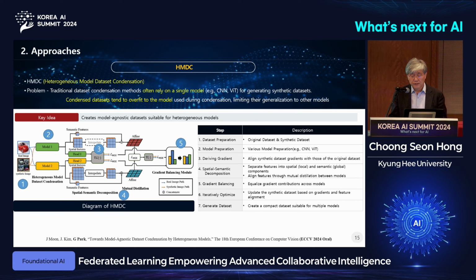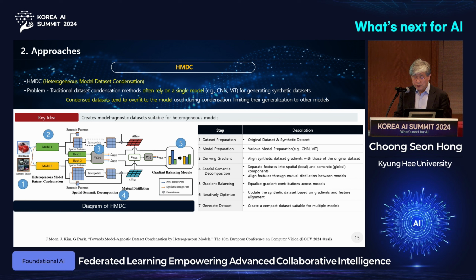HMDC solves this by using multiple models like CNN and ViT to ensure diversity. It aligns the gradient of the synthetic dataset with those of the original dataset, maintaining fidelity while avoiding bias toward any single model. Gradient balancing ensures that the gradients from both models are balanced, so the synthetic dataset performs consistently across all models.